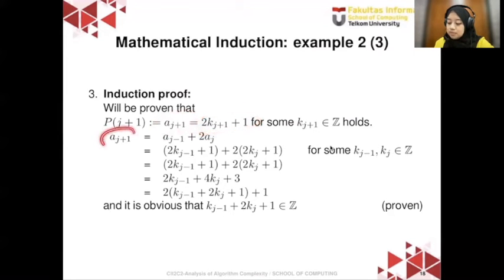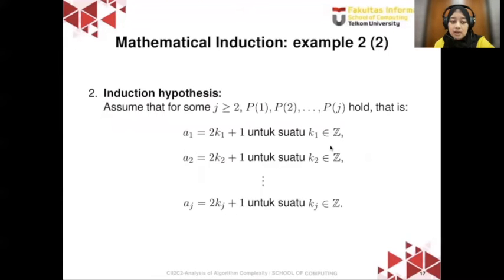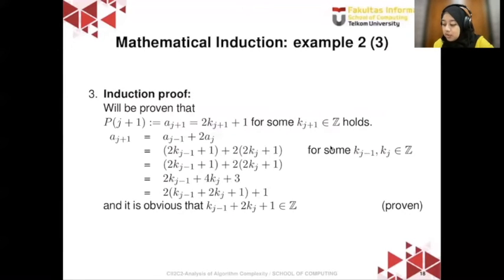So for a_{j+1}, we can start from there and use the fact we have in the assumption that P_1, P_2, and so on until P_j hold. That is, a_1, a_2 until a_j can be written as 2 times some integer plus 1.